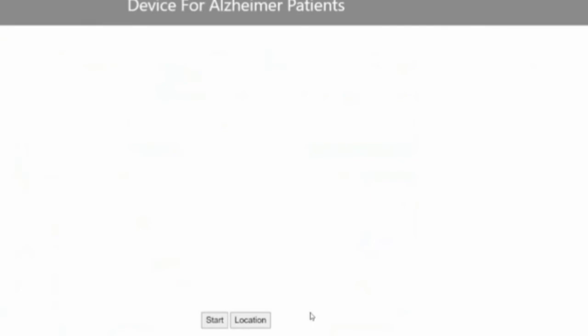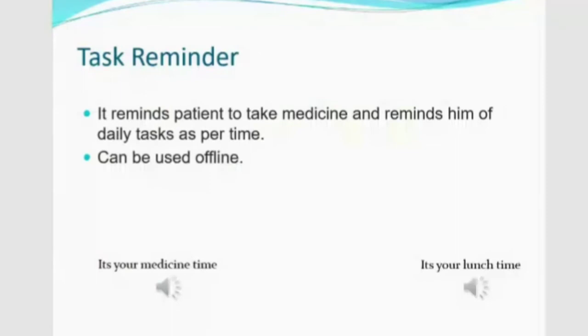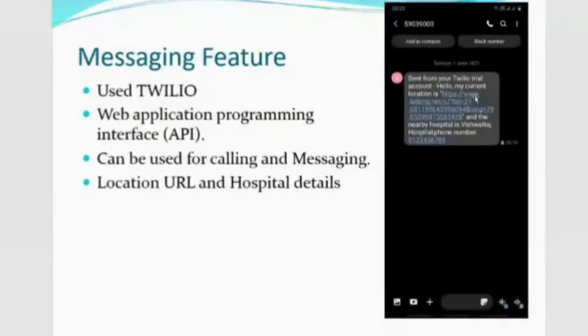If he clicks on it, a message pops up on a caretaker's device, which looks like this. This message contains a URL which redirects to his live location as per his location, and it also provides you with the nearby hospital and its contact details.